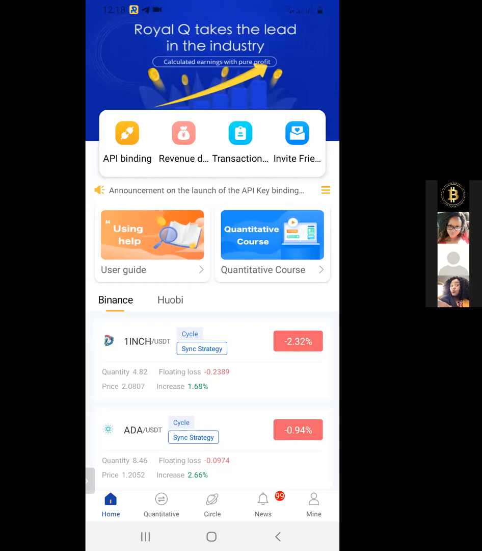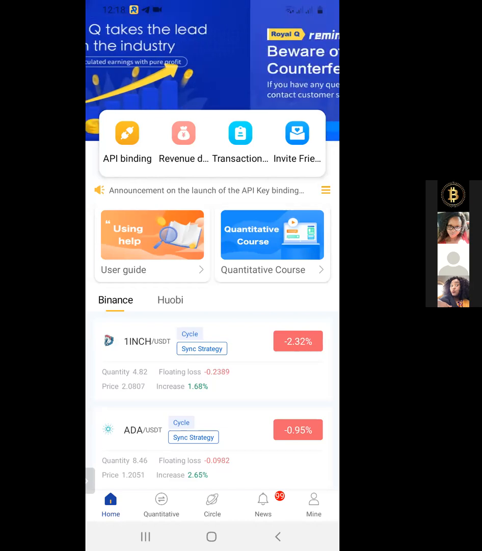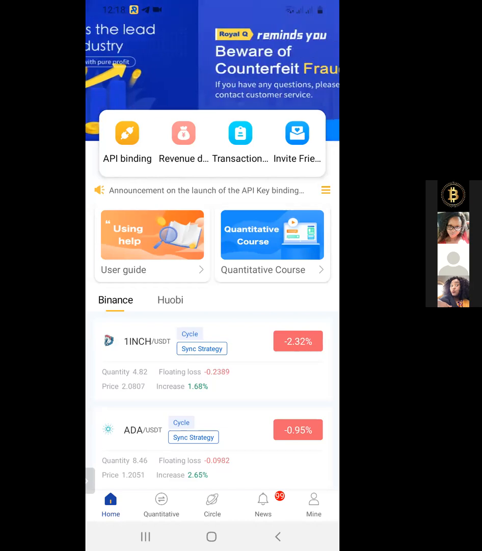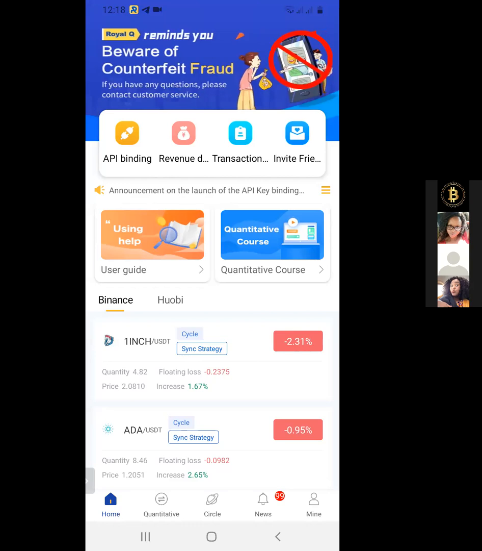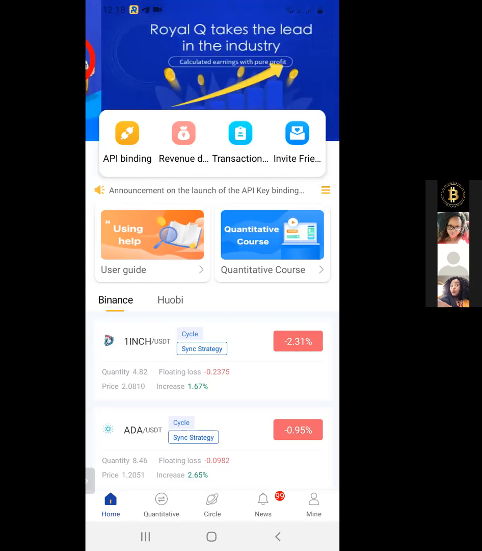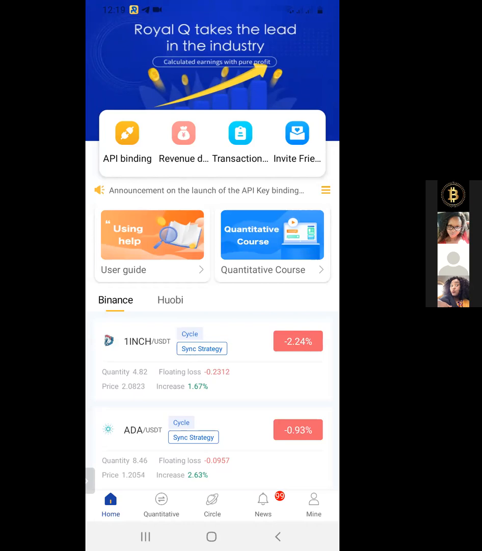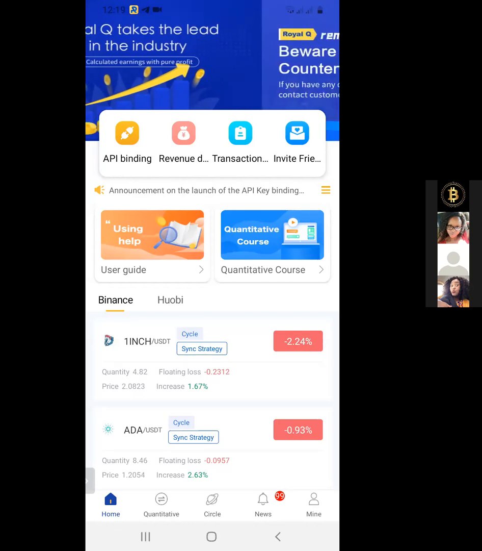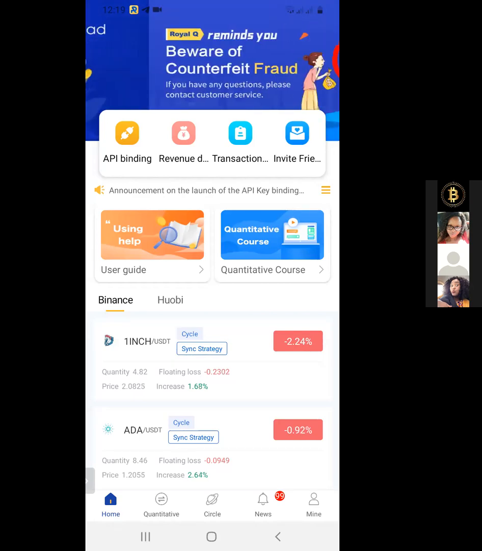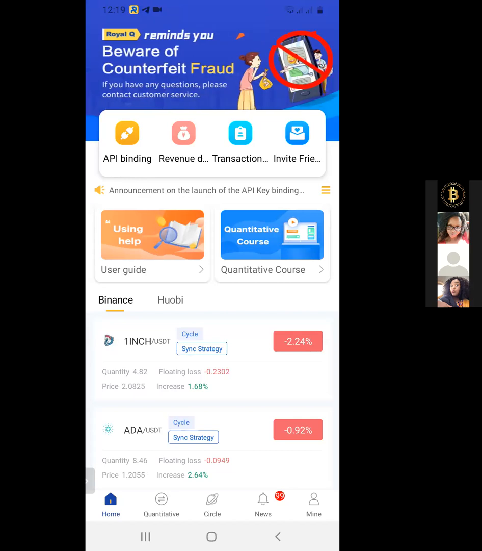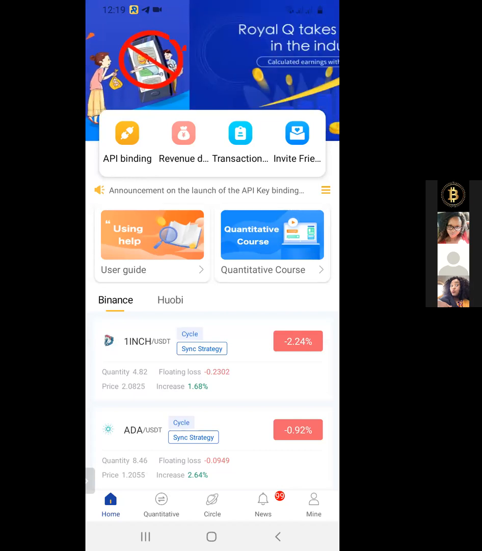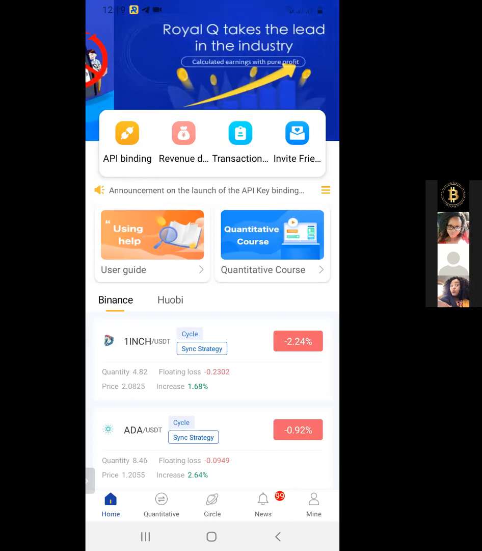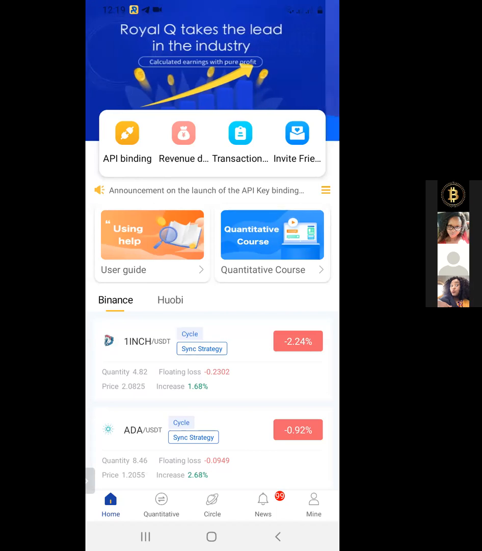But the beauty of our product is, number one, you're not sending money to anyone. You're not buying a package. You won't wake up tomorrow and the money is gone. Even if I were to wake up tomorrow and the Royal Q app stopped working, my funds are still in my Binance wallet. So I think that's the power of what we are marketing right now.